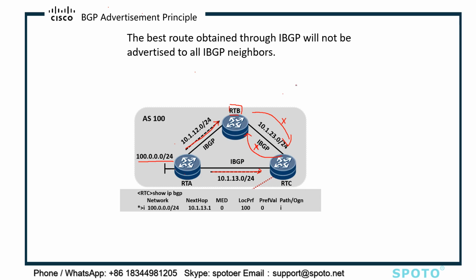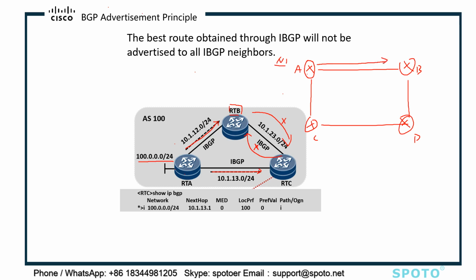We can see here, if we have one topology just like this, we have 4 routers. They are connected like this, and they are in the same AS, A, B, C, D. If we have one network segment, network 1 here, and RTA sends the route to RTB, RTB can send it to RTD and continue, D sends to C, and C sends it to A. In this situation, we will have a loop in our BGP network.